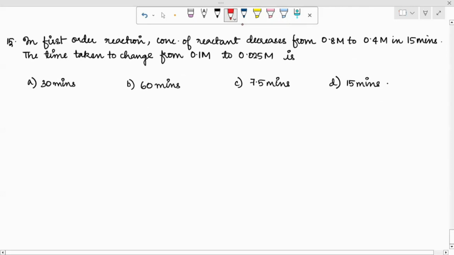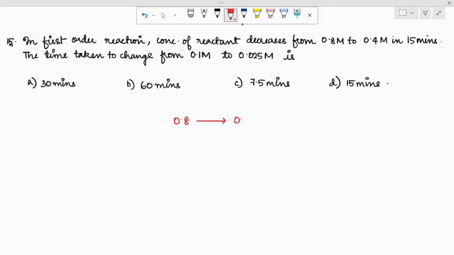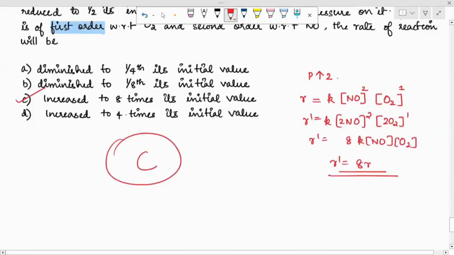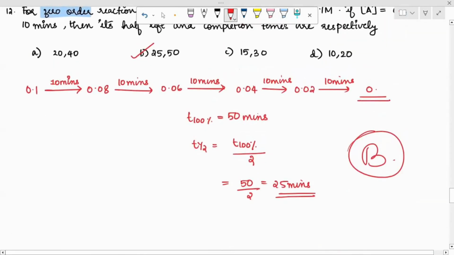So, it is said that 0.8 to 0.4 molar takes 15 minutes, which means 50% reduction. Correct? Again, in zero order reaction, as we did 2 questions before, it is same amount in same time.